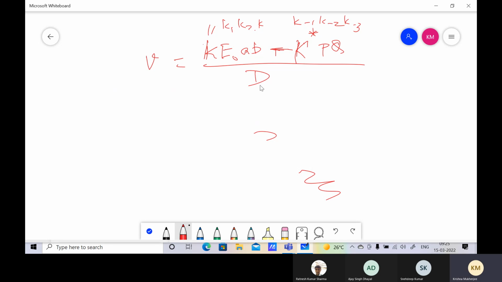So we know the shape. So we know that the velocity is k into E naught AB, minus k star into E naught PQ upon denominator. But what the denominator is, is also very important.